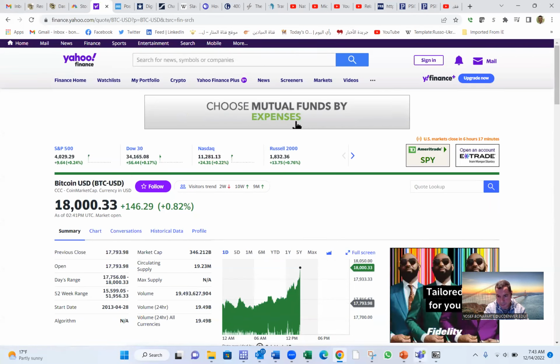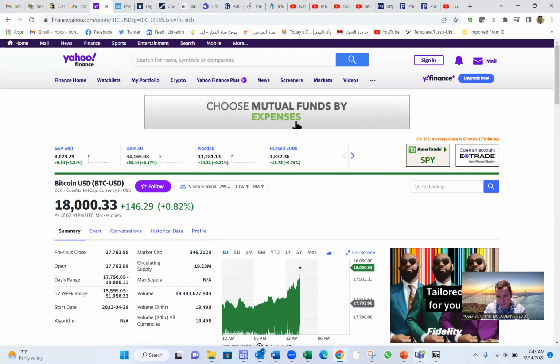So high and low, open and close. If it's green, that means the close price is higher than the open price. If it's red, that means the open price is higher than the closing price. That means the price went down.